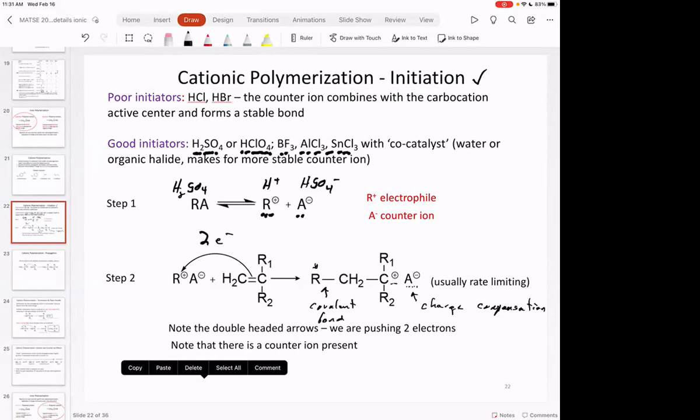Questions on this? Yes. So A- isn't bonding with the carbon, right? That's right. What sort of intermolecular force do you have when you write the positive charge and the negative charge, and those things are just sort of around? Yes, dipoles.